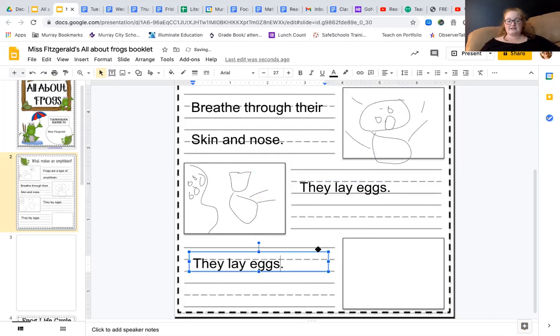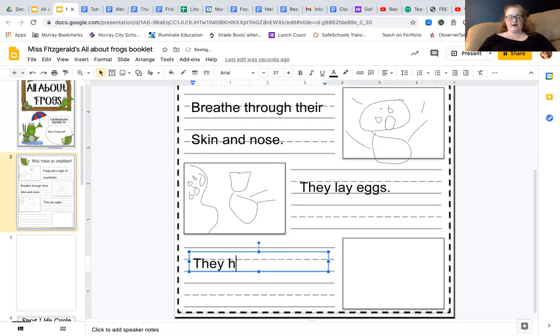Okay, my next fact I'm going to write is something that I learned from the video about amphibians. So I'm gonna think about, what was something that I learned? I have to really think back to the video. I learned that amphibians, oh, they have, it said that they have no hair.